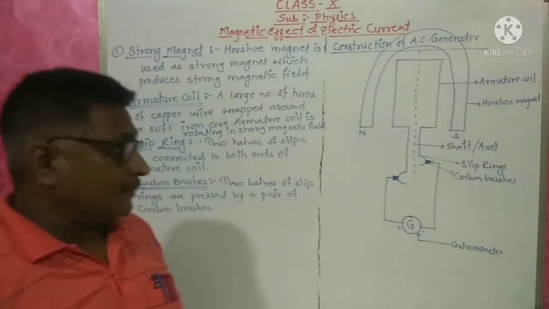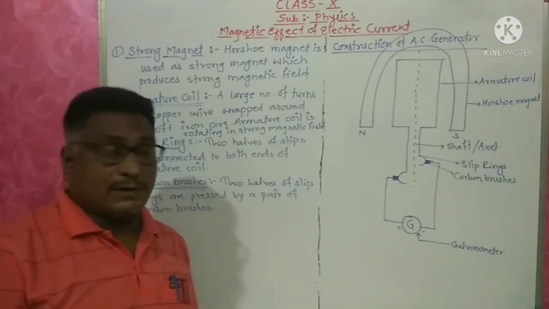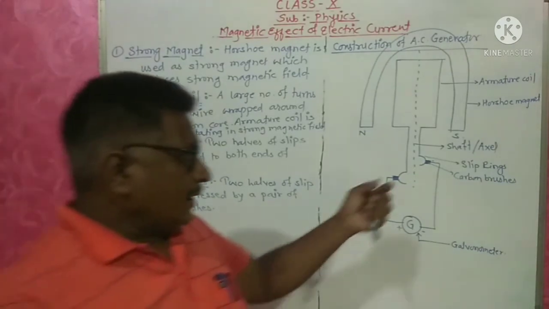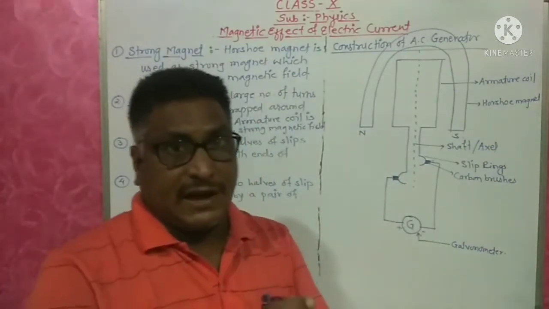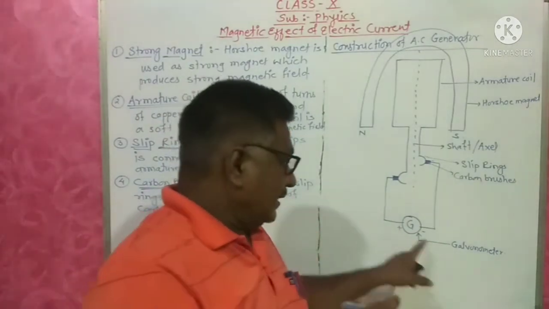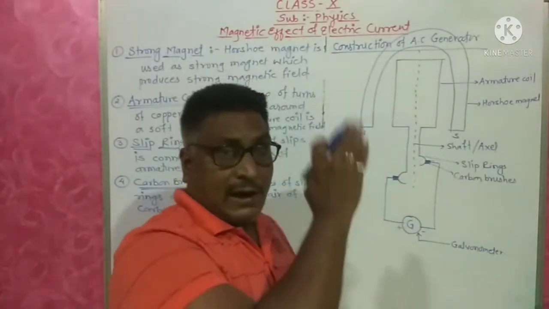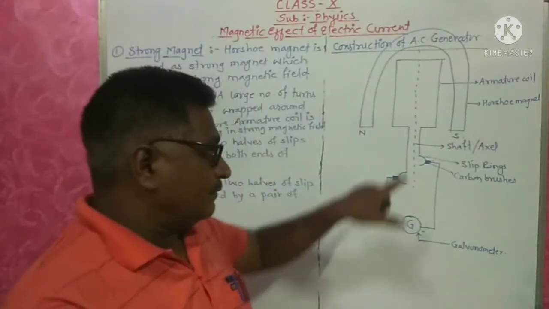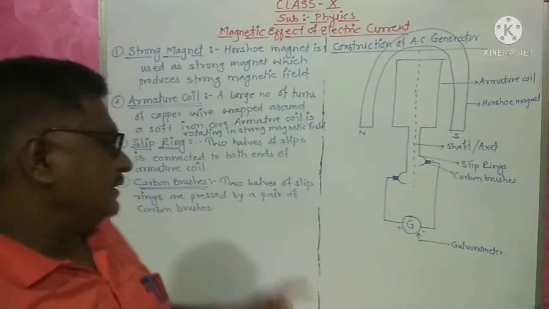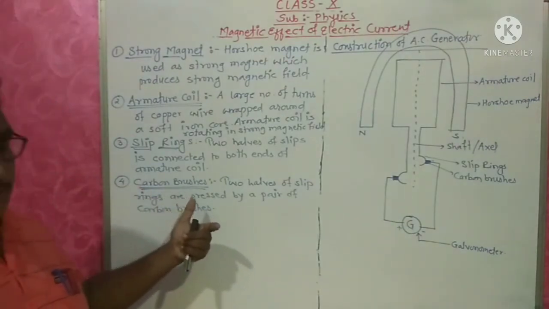What is the use of carbon brushes? To start and stop the flow of current. They have a gap. So when the carbon brush comes in between the gap, the current will break and the pointer of the galvanometer will come to 0. Then as it keeps rotating, it connects again and shows the deflection in the opposite direction. For that purpose we use carbon brushes.